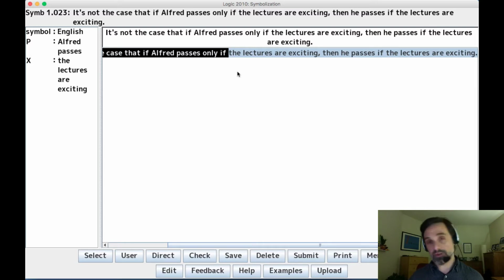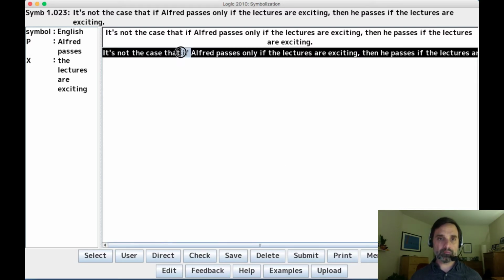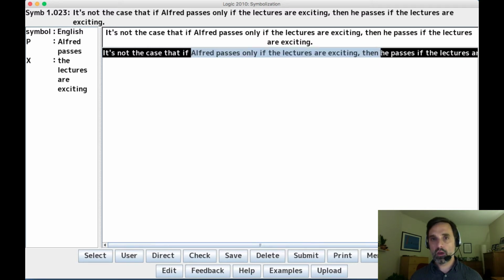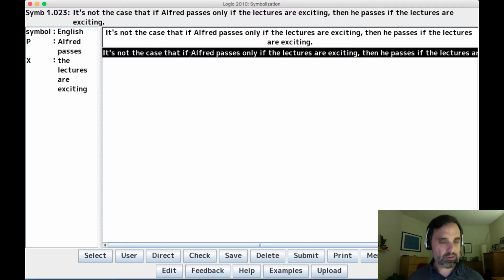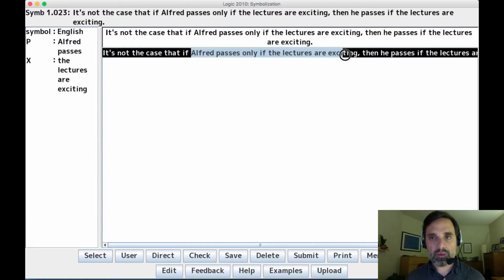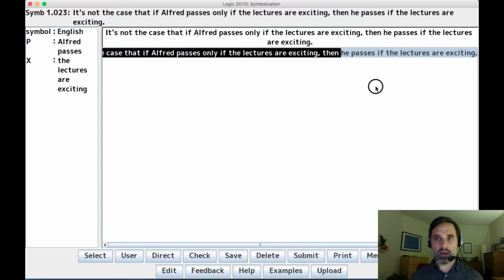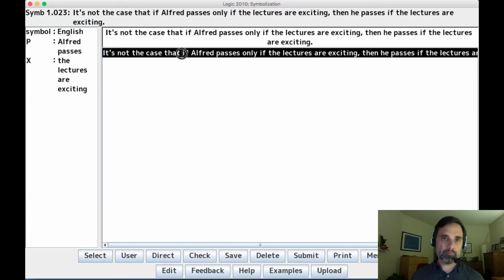Neither of those are sentences, so the only if doesn't pass the removal test. How about the if then? Well, the problem with the if then is that it doesn't pass the removal test either. We would be left with one sentence and another sentence, but then we'd also be left with the it is not the case that part. And so we'd have two sentences and something more left over. That means that the if then is not the main connective.